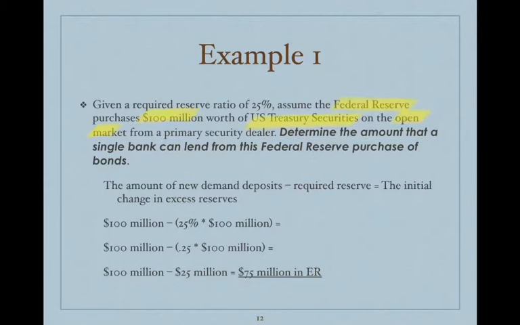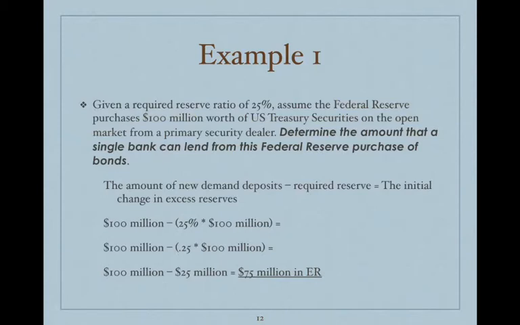So we're talking about buying bonds here. We want to determine the amount that a single bank can lend out from this purchase of $100 million worth of bonds or securities with a ratio of 25%. So we want to figure out how much is in excess. They're required to keep $25 million of the $100 million at a 25% ratio, which means they could loan out up to $75 million.